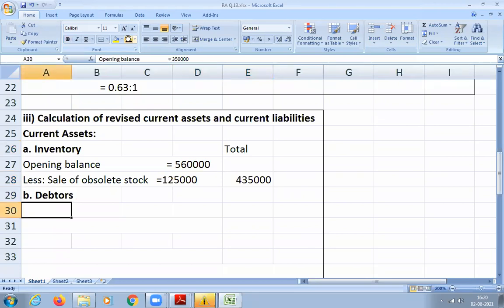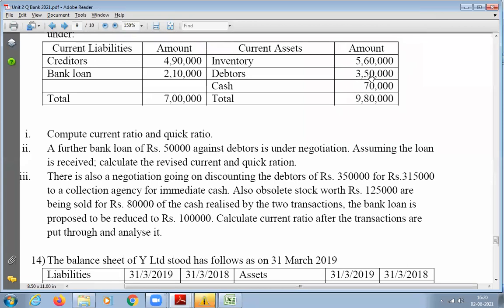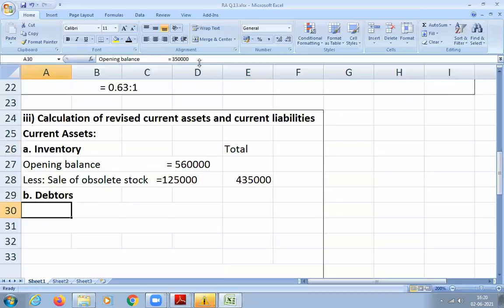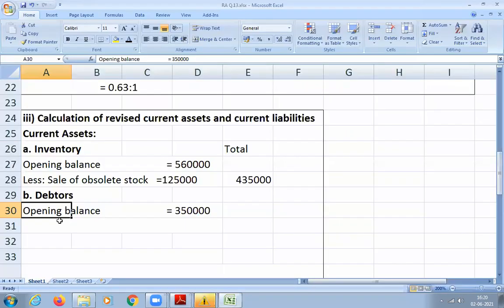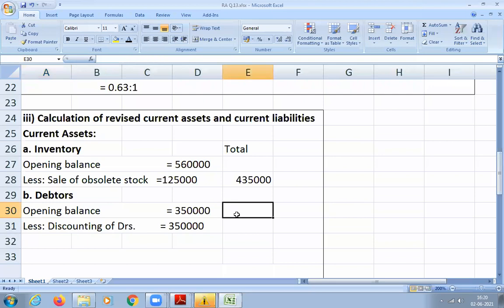How much is the opening stock of debtors? 3,50,000. And how much is discounted? 3,50,000. So minus 3,50,000, and the total will be nil, or 0.